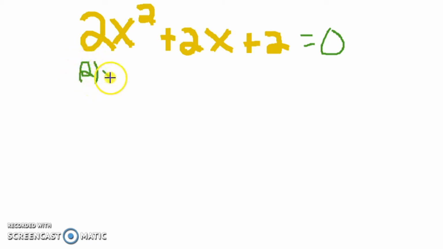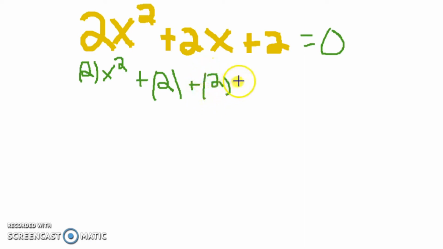What I mean by that is you could write this as 2 times x squared plus 2 times x. Over here, the 2 can be rewritten as plus 2 times 1 and have that set equal to 0.